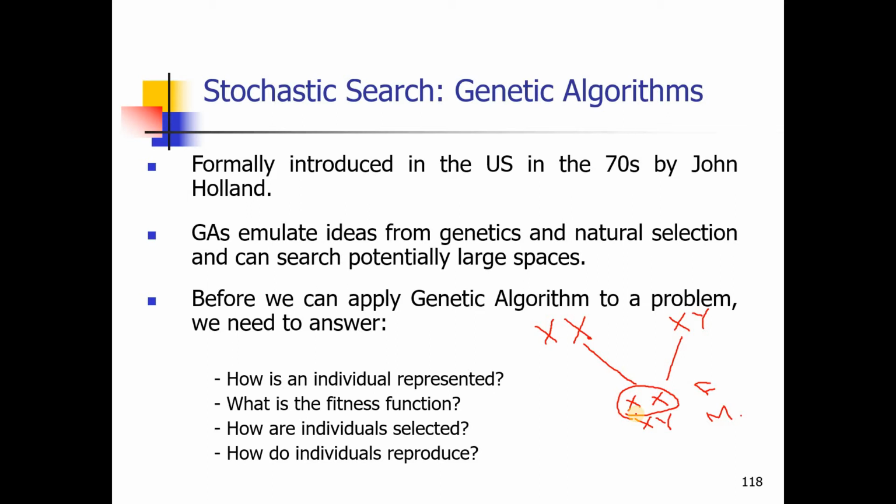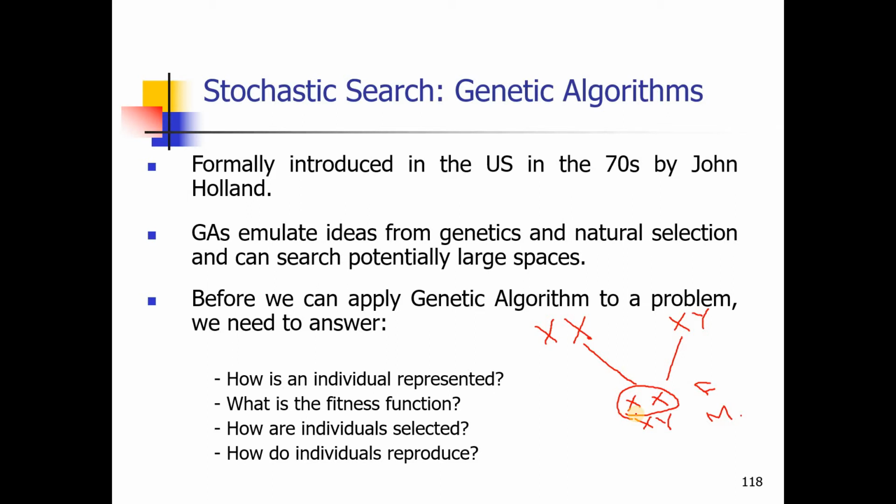Then simulated annealing was taken from the physics domain. And now we have the genetic algorithm. It comes from biology and genetics. And in the future we will see another one, ant colony optimization, that is based on how ants live together and how they are connected socially.